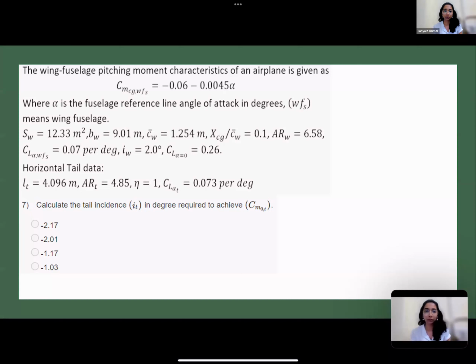How did all of you do this? How did you solve it? What was your thought process? What was the one value that we found out in the previous questions that we can use here? You don't have to give me the whole equation, that's fine.